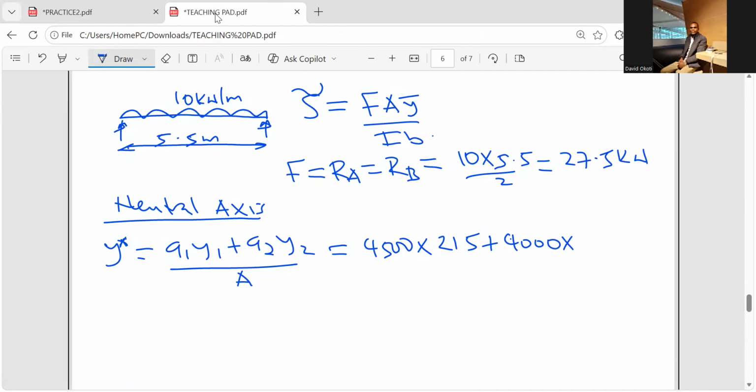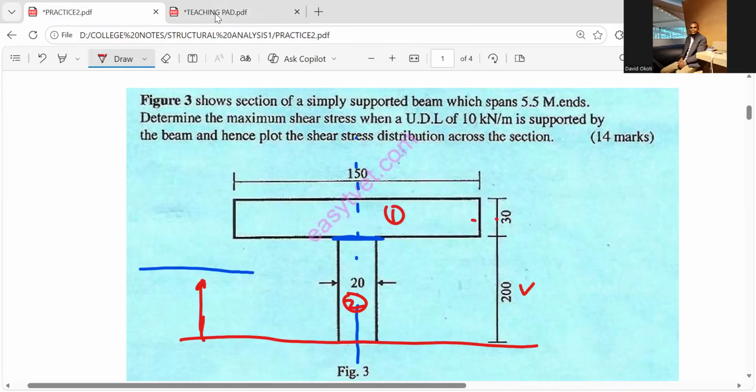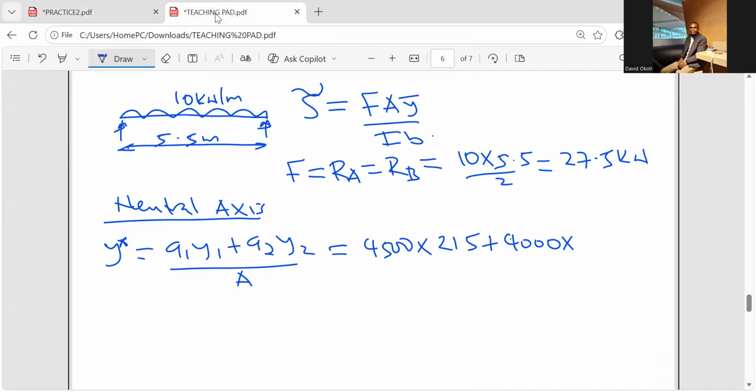What about the Y2? Y2 we measure from the bottommost to the center of my web. Remember my web is 200, so its center will be 200 over 2, which is 100. Then all that divided by capital A, the sum of A1 plus A2.